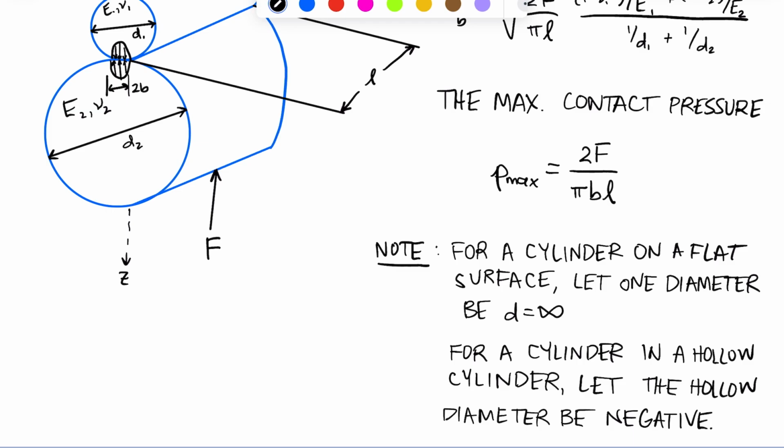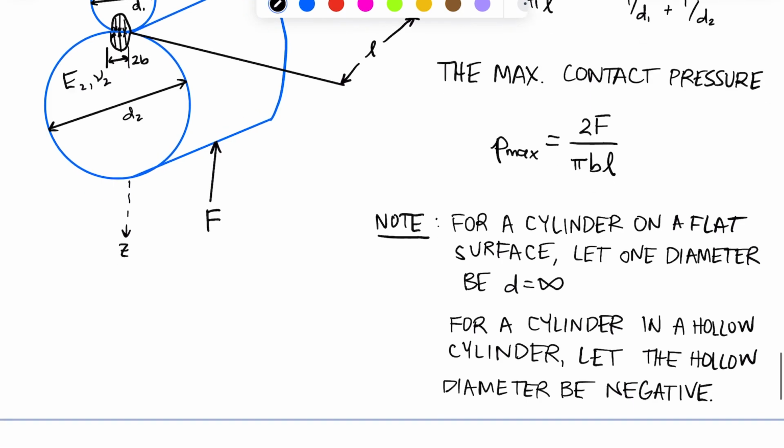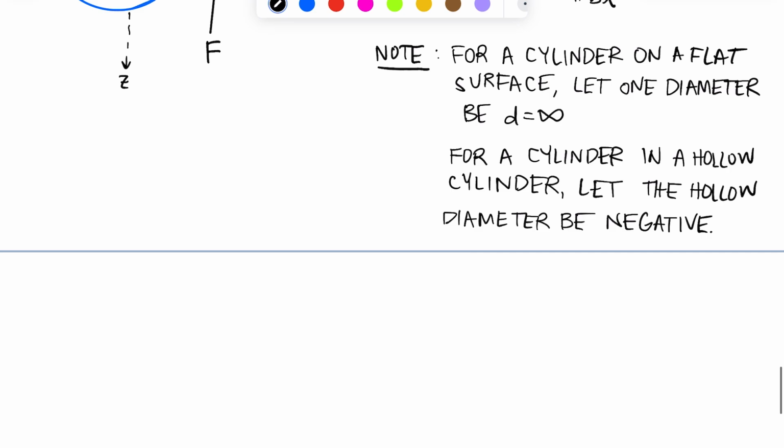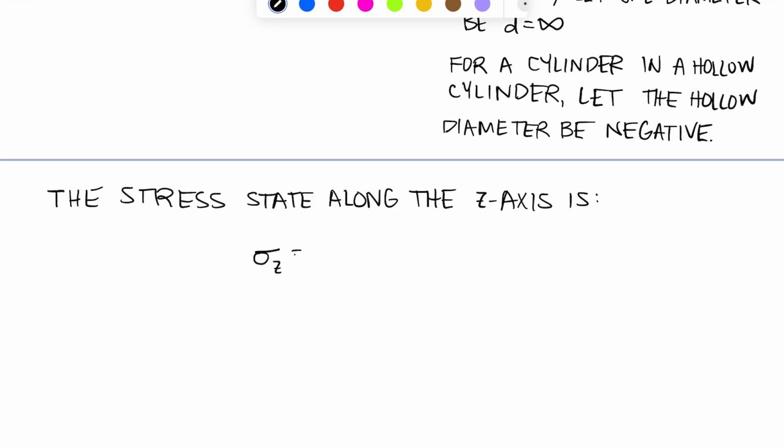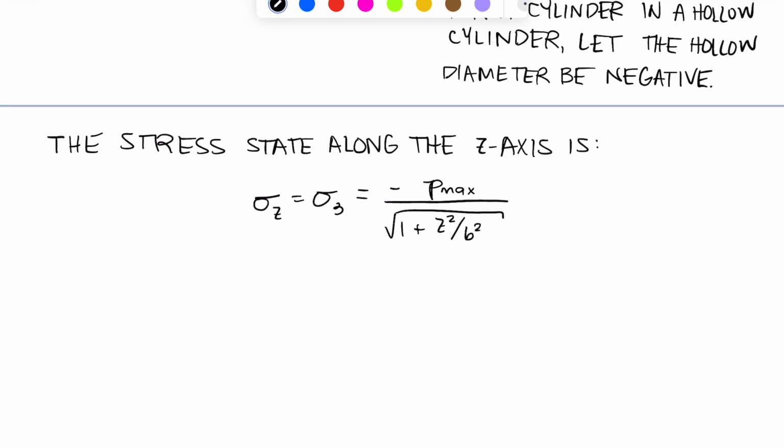Now, again, we are interested in the stresses that develop inside the roller or inside both cylinders. And again, the stress in the z direction is going to be maximum. And we also need stresses in the other two directions, so sigma x and sigma y.